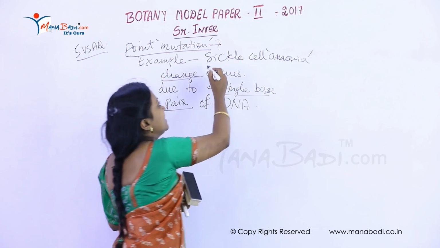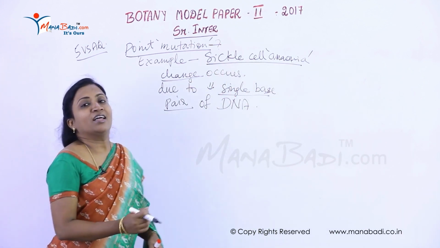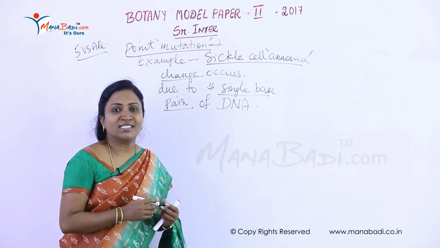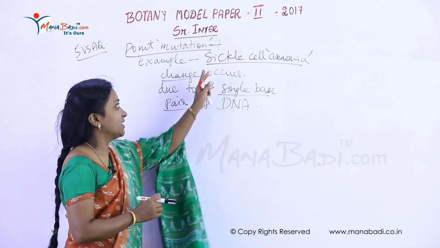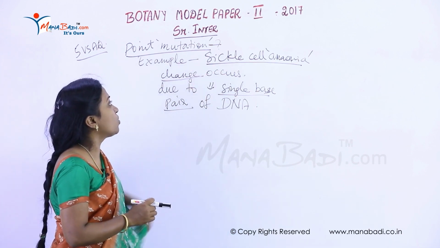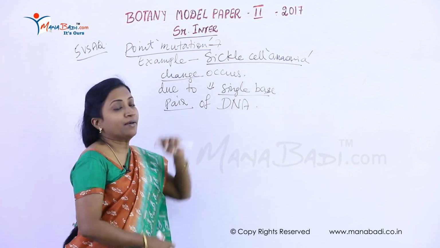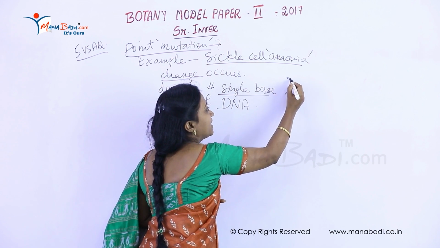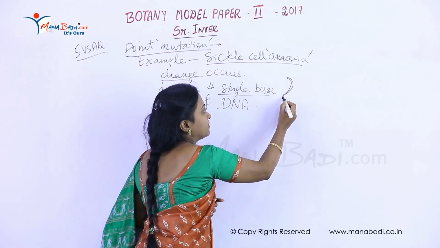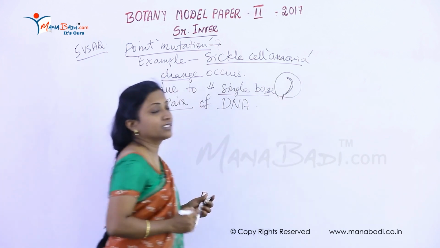What is sickle cell anemia? Usually we know the shape of the RBC cells, but in persons affected with this disease, the RBC will be in the form of a sickle. Exactly, this is the shape.